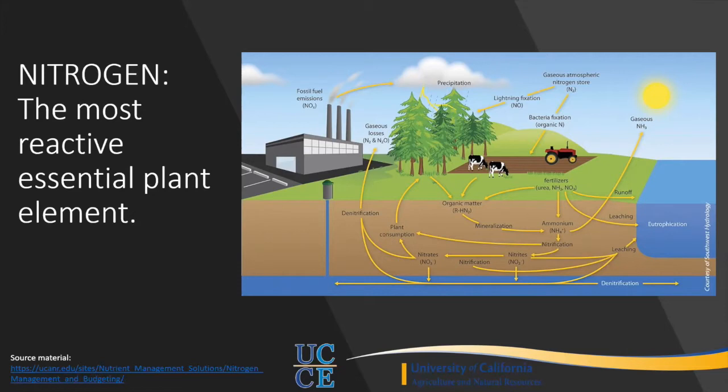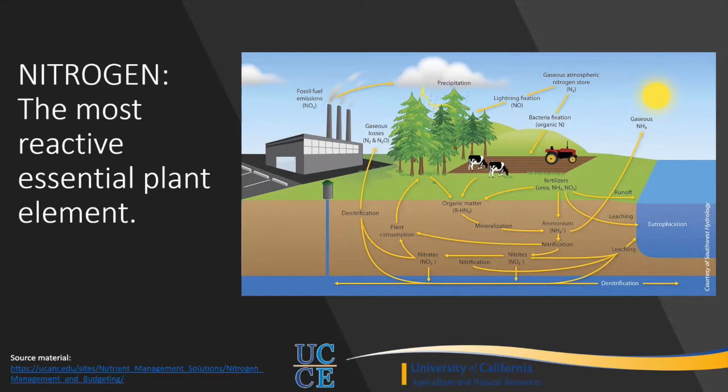Very common forms that we find in agricultural systems are nitrate, nitrite, ammonia and ammonium, dinitrogen gas, which is the nitrogen that you breathe and that rhizobium bacteria will fix for plants. Have you ever heard of nitrogen fixation? That's the form of nitrogen that becomes fixed. There's nitrous oxide, which is a greenhouse gas, urea, and then there's organic nitrogen, nitrogen that's bound up in organic molecules in the soil.